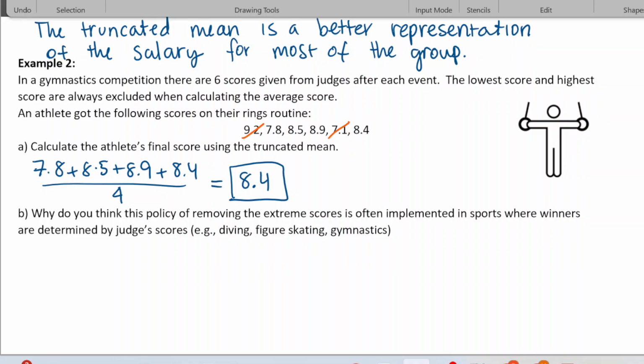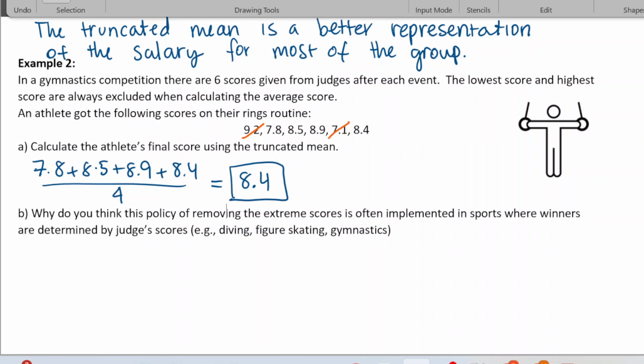Why do you think this policy of removing extreme scores is often implemented in sports where winners are determined by judges' scores? So if there's one judge that is really high or really low, it's not going to throw off the whole result, right?